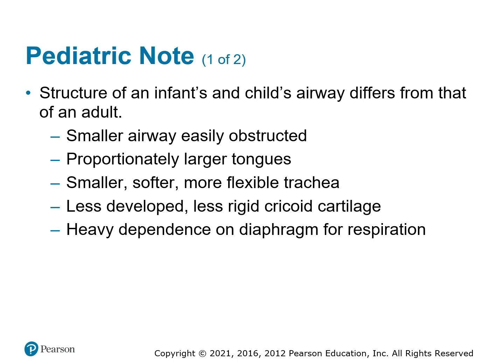Well, that proportionately bigger head, smaller body also means that their airway is smaller, proportionately speaking. They have a larger tongue. The trachea, the back of the throat, is going to be softer and smaller and more flexible. And that, paired with the fact that all of that cricoid cartilage in the front there isn't as rigid, means that they are not as able to protect their airway as an adult is.